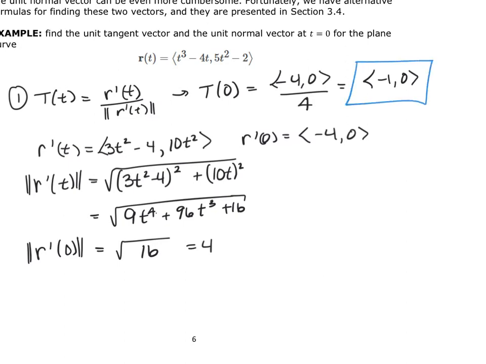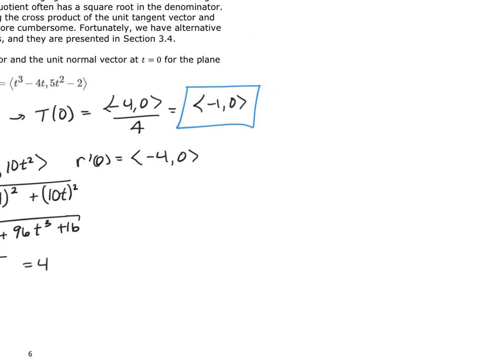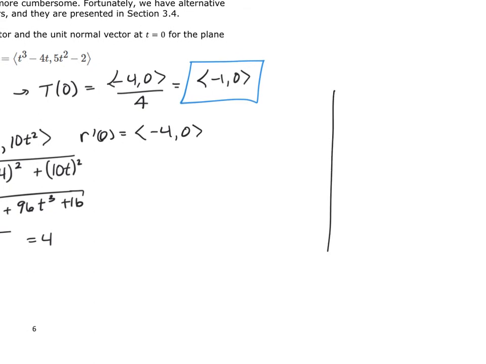Bam. Now this is kind of cheesy. The reason is that if I were to graph this on the xy plane, it represents the vector negative 1 comma 0.